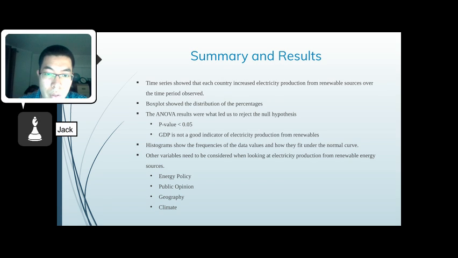In conclusion, we can see the time series show that each country has increased production of renewable electricity sources over the time period. And from the box plot and the histograms, we can see that Germany is different from the other countries in the percentage distribution, and we can see France, United States, and Japan.